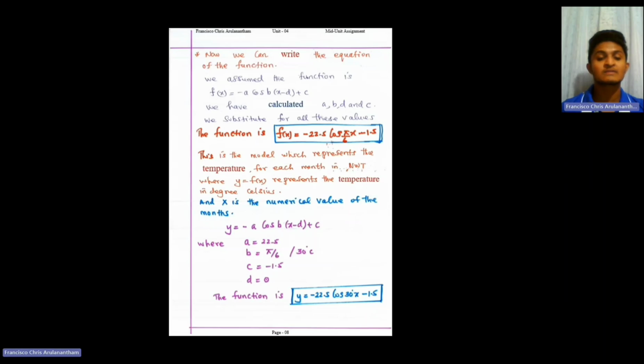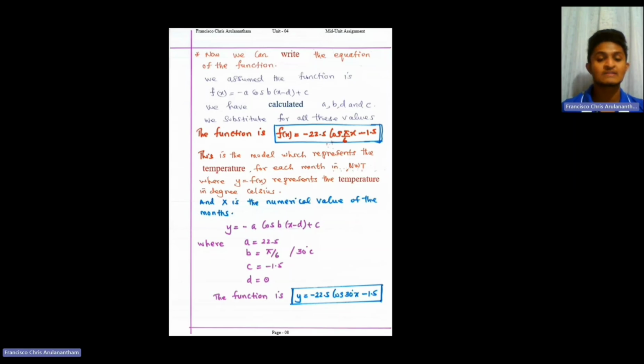y equals minus a cos b(x minus d) plus c, where a is 22.5, b is pi over 6, it means 30 degrees, c is minus 1.5, d is 0.